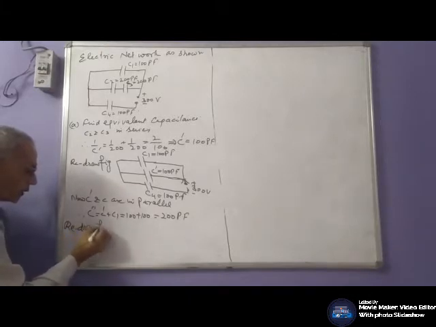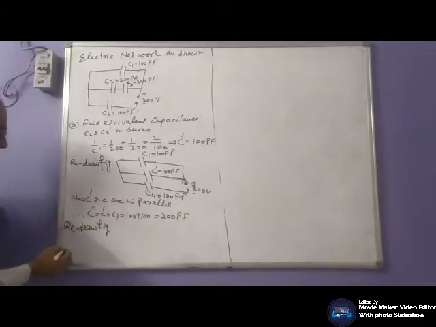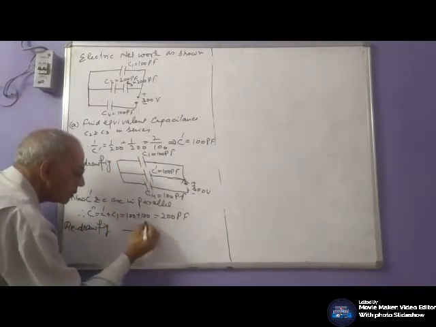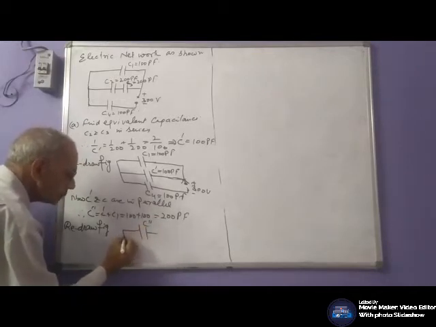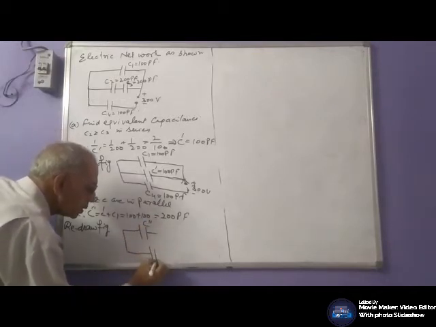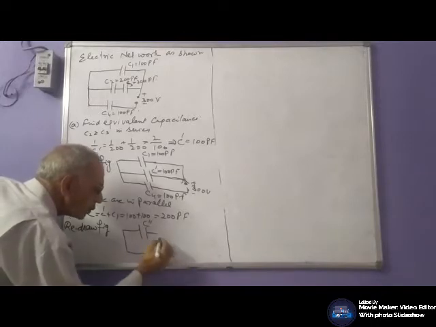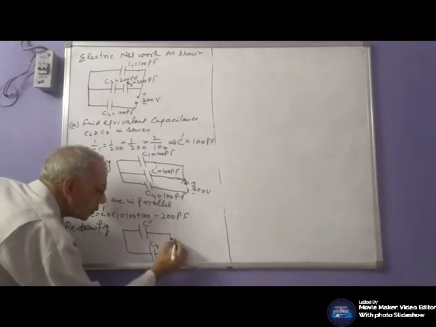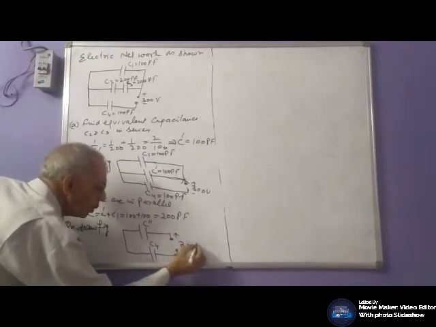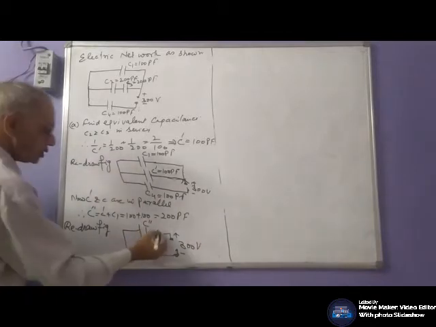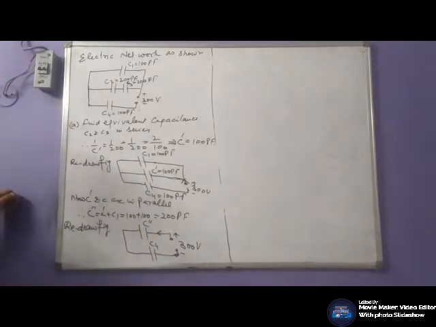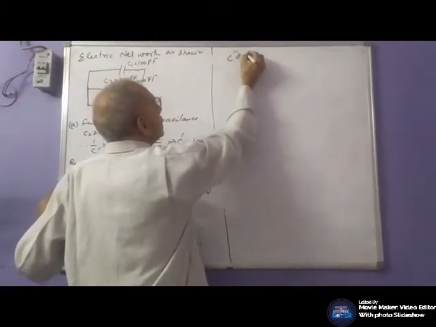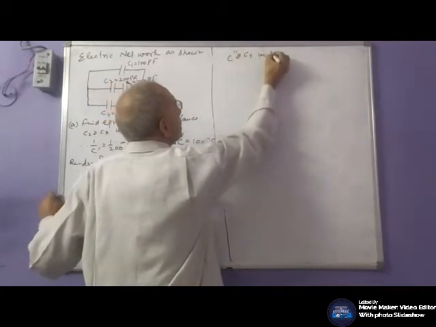Redraw the figure. This is C1 and C dash, now that one is C double dash. This is C4, and this one is 300 volt. Now single path. C double dash and C4 are in series.